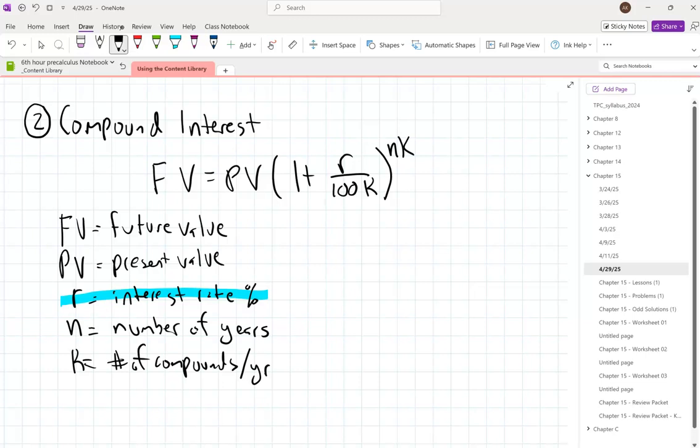So in that case, K would be 52. Or if it said compounded monthly, K would be 12. Or compounded daily, K would be 365. Or compounded quarterly, K would be 4. You guys get the idea, right? They're never going to come right out and tell you what the K is. They're going to hide it inside of a number or inside of a word.